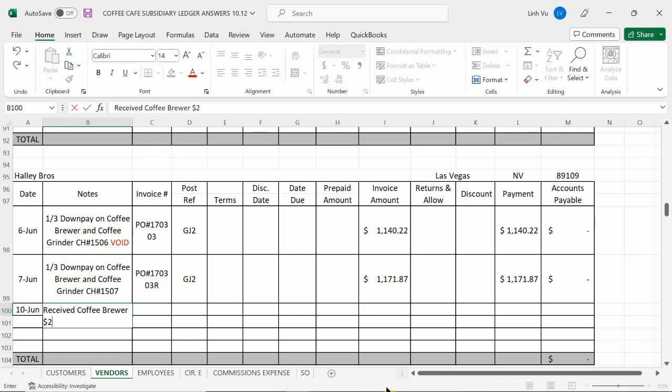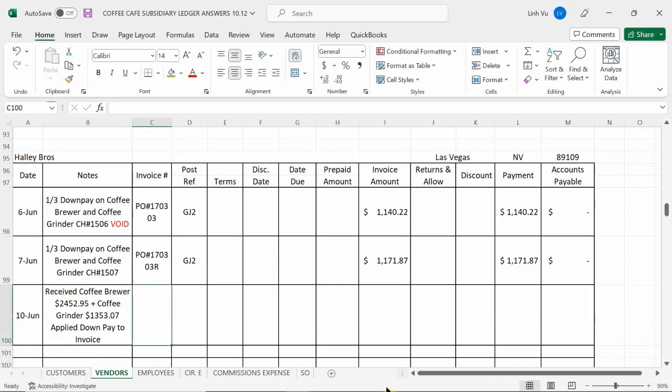So 2,452.95 plus my coffee brewer. Coffee grinder for that $1,353.07. Right? And I'm also going to say that I applied my down payment to invoice.